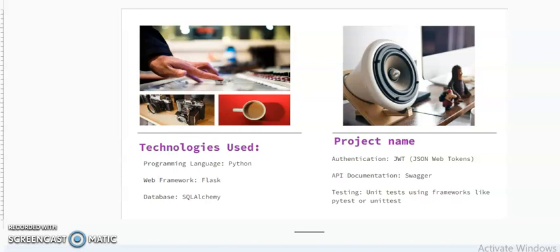Then authentication using JSON Web Tokens, and for API documentation I'm going to use Swagger for documenting my code for readability. Then testing: I will use Python unit testing with a framework like PyTest or unittest.